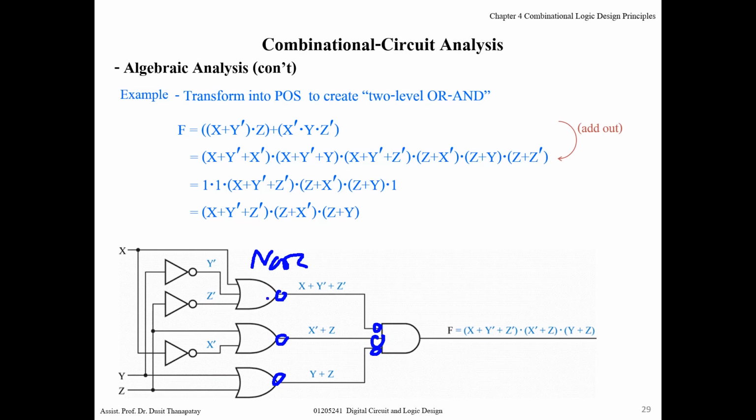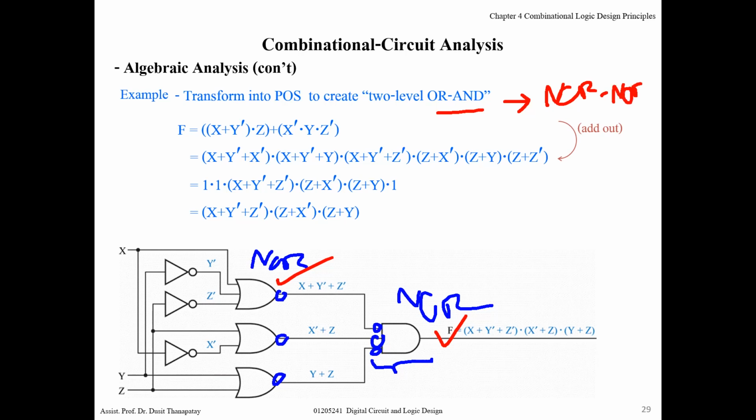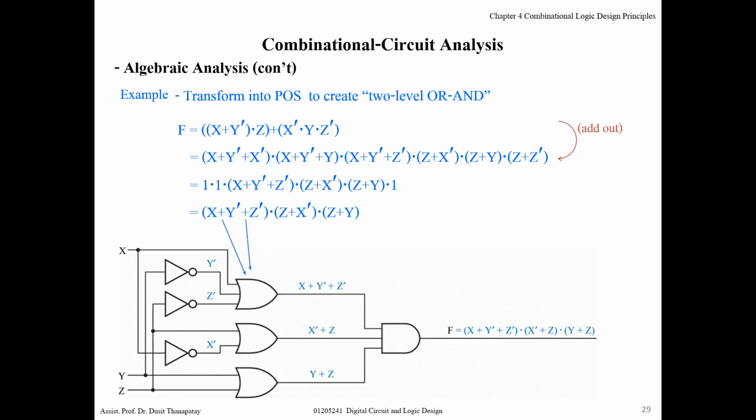NOR, right? This is NOR. This one also NOR gate. So now you can change from 2 level OR AND to 2 level NOR. You can change it easily by adding a pair of inversion bubbles or inverters. Okay.